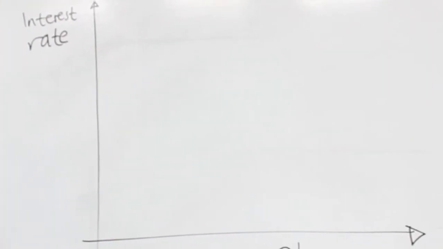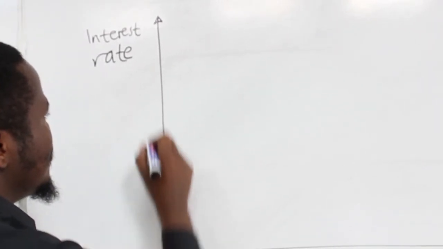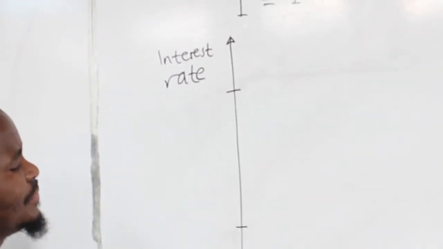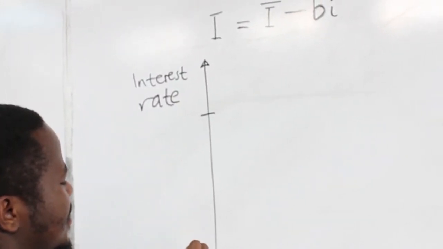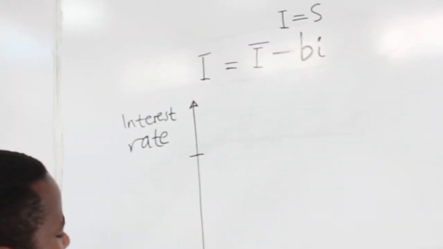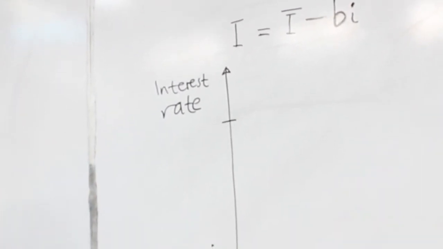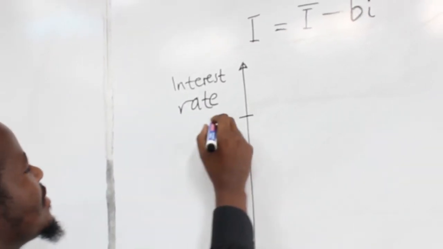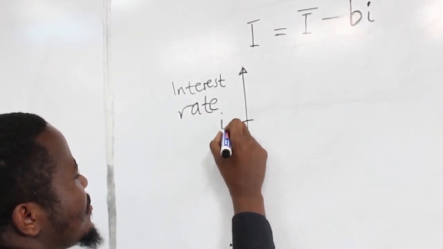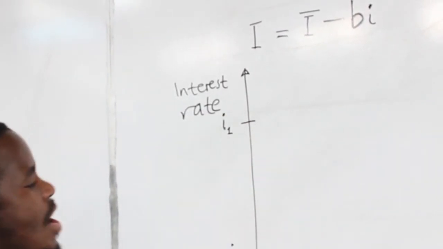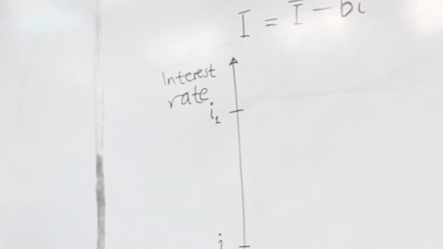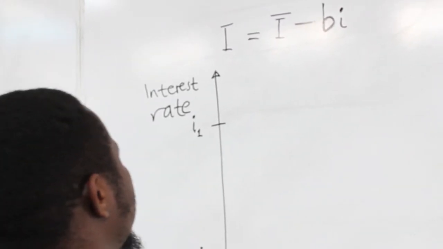Assume that we have two different levels of interest rates. This is the lower interest rate, I0, and that is the higher interest rate, I1. What is the expectation on the levels of planned investments?